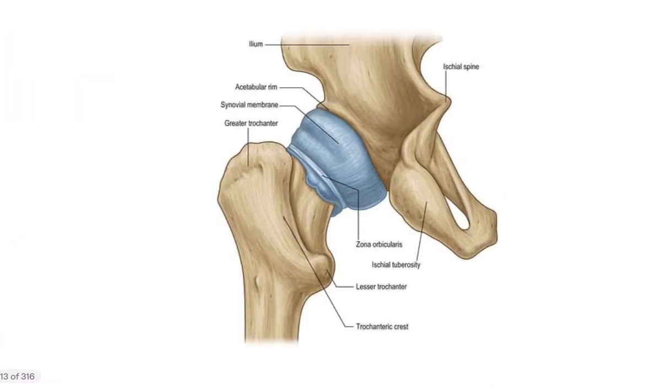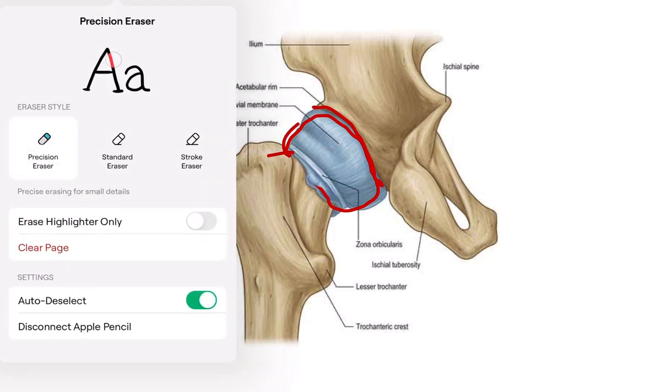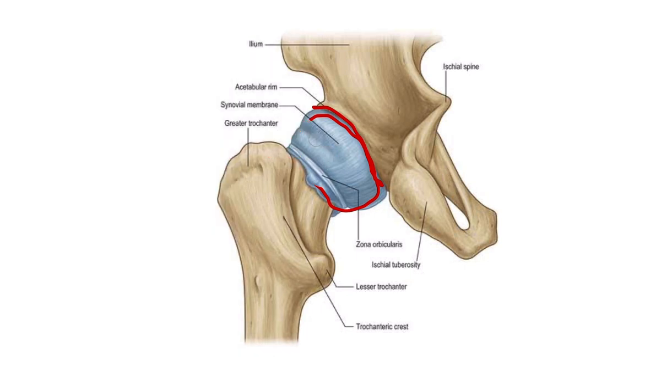First of all, here we can see the hip joint, this is the acetabular component, and this part is the femoral head component. And here the capsule is present, from here up to here.